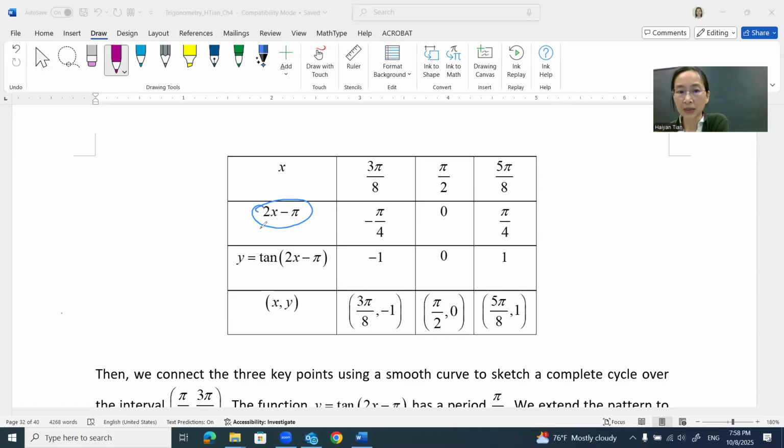So for this quantity, we pick the 3 key points. That's our t, right? When we view that as one single variable called t, when this variable t is this value, that value, and this value, then the tangent of t will be -1, 0, +1.